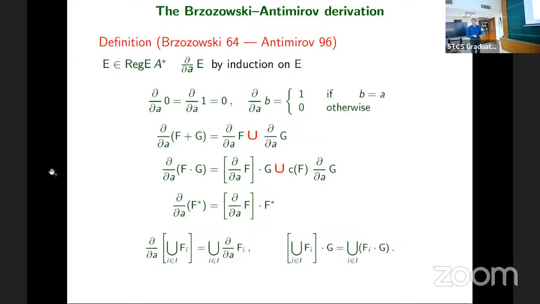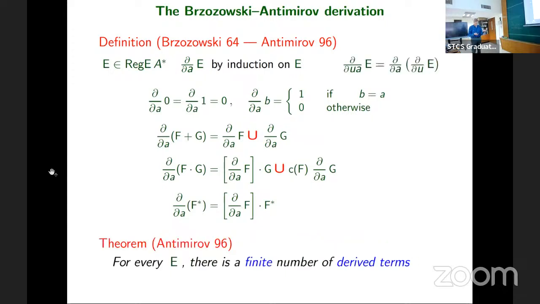And the miracle somehow is that you have a finite number of such pieces, and in fact not many. In fact, less than the number of letters in the expression.